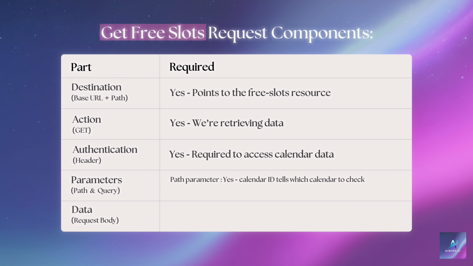The path parameter, the calendar ID, is mandatory because the API needs to know which calendar to check. The query parameters define the time range, telling the API when to look. And unlike Create Contact, there's no data body at all. Once you see this pattern, it becomes much clearer why endpoints are structured the way they are, and you can often predict what an endpoint will need before you even read the details.